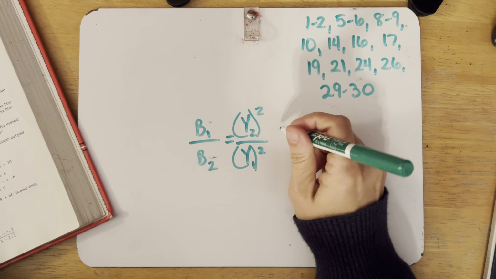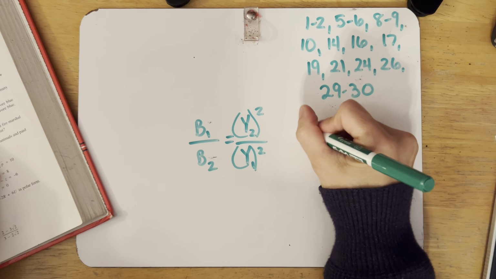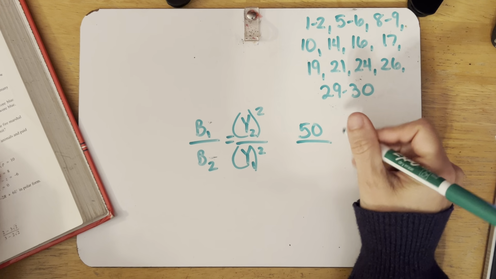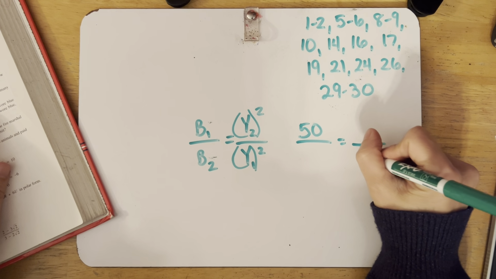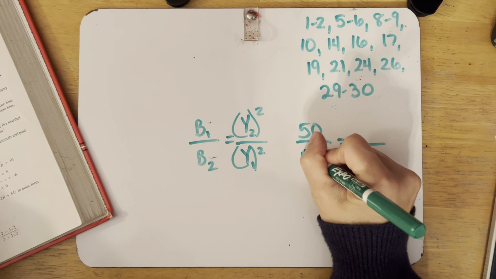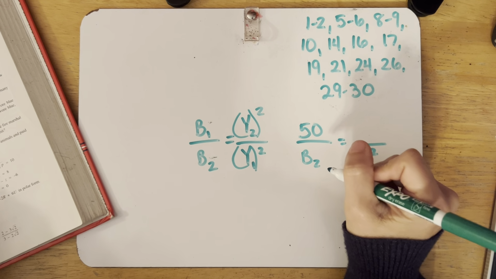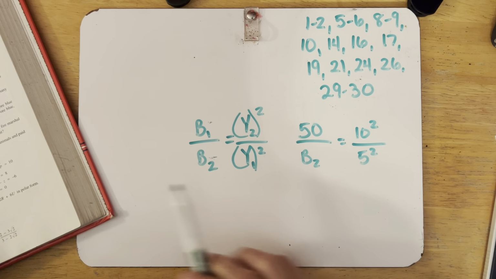Okay, now let's go ahead and plug in our stuff. So if 50 blues go with 5 yellows, how many blues, so that's what they're asking for, go with 10 yellows? I swear this was the exact problem they gave us in the book.